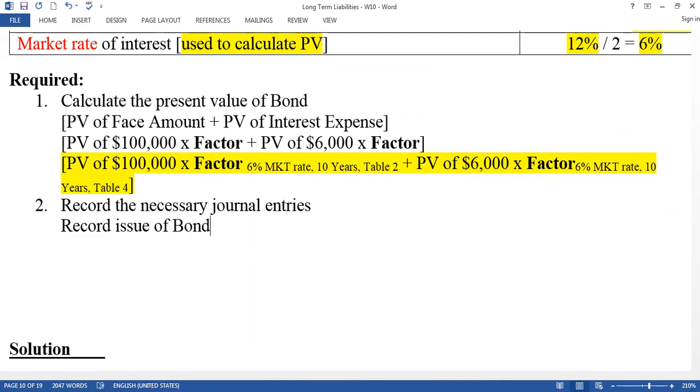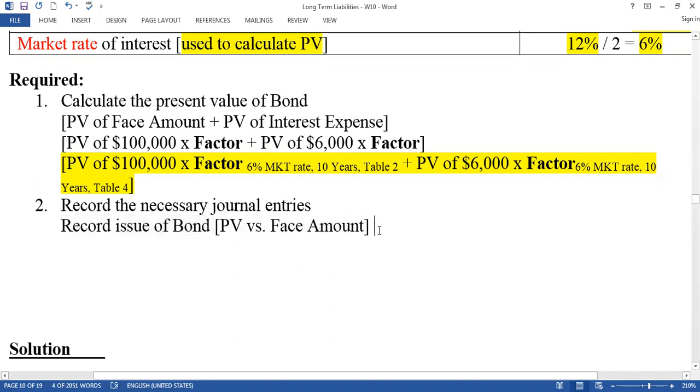When we record the issue of bond, we compare present value versus face amount. So we are going to compare face amount and present value to record the issue of bond.